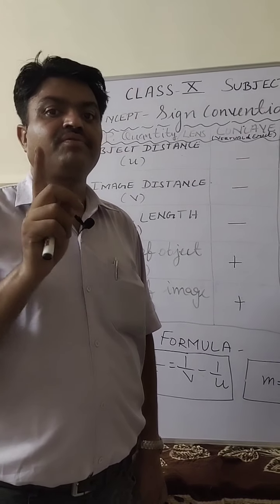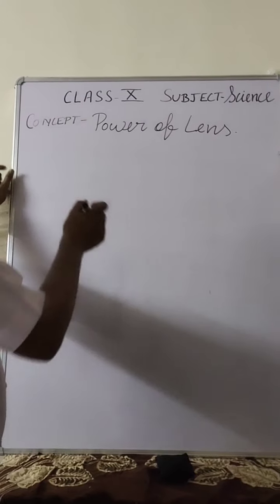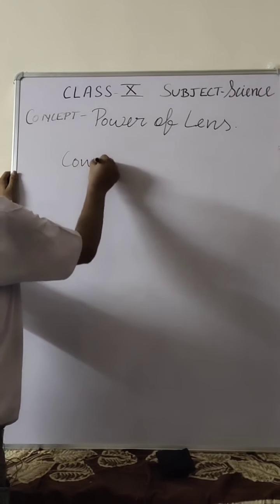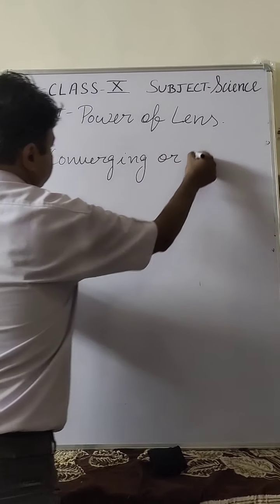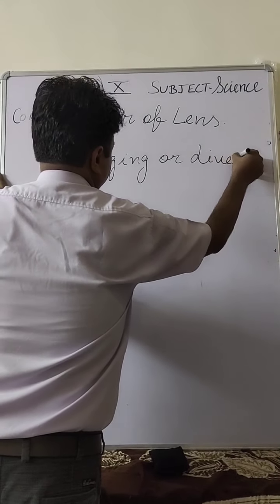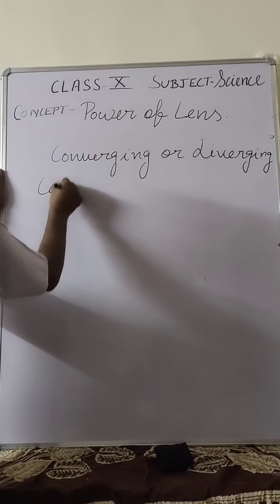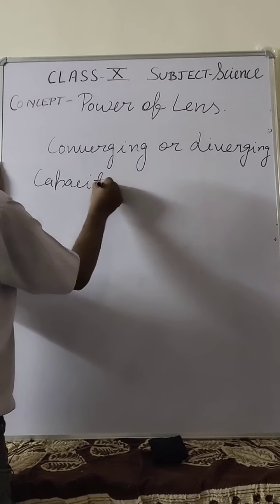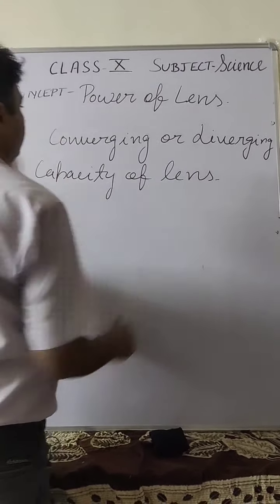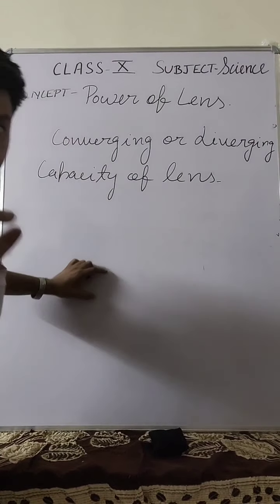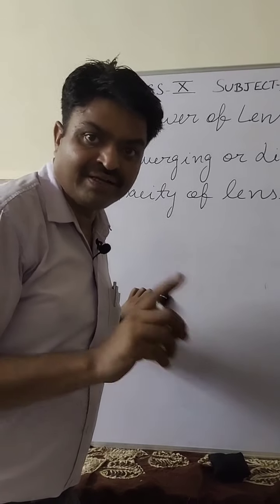It is the power of combination. Student, what is the power of a lens? It is the converging or diverging capacity of a lens. Converging or diverging capacity of a lens is known as the power of the lens.